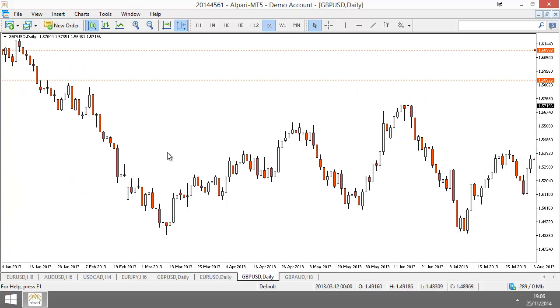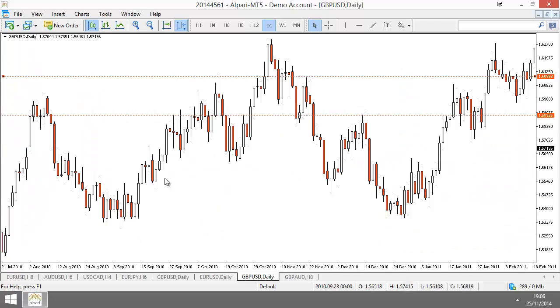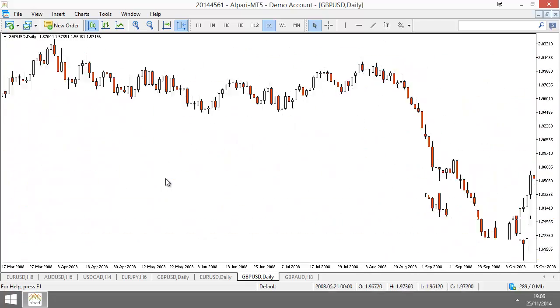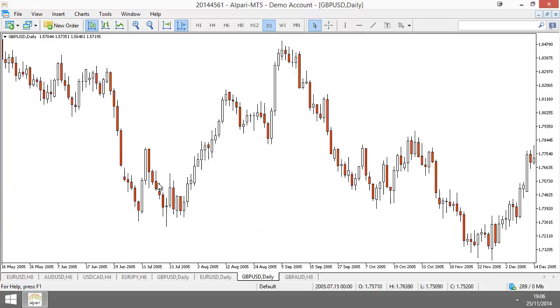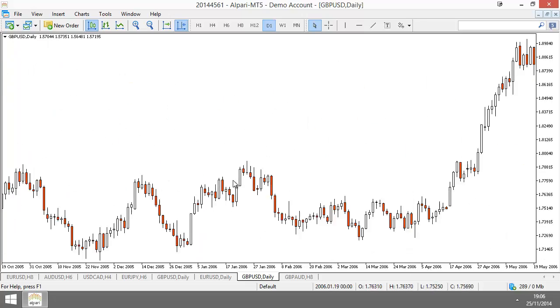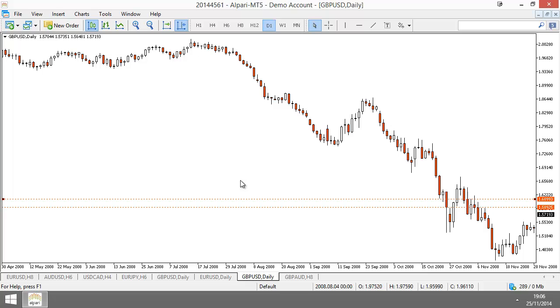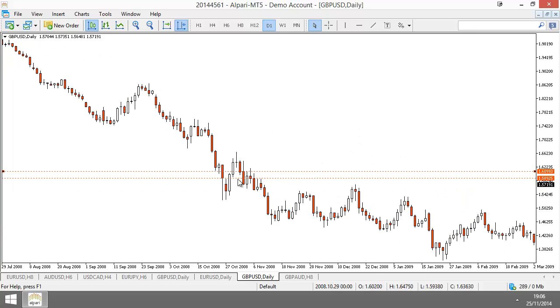And I'm going to go back to 2008. And I'm going to show you guys something about volatility. Ooh, I went back too far. Right, 2008. So these lines were spanning between the largest candle we've seen in the last few weeks, right?